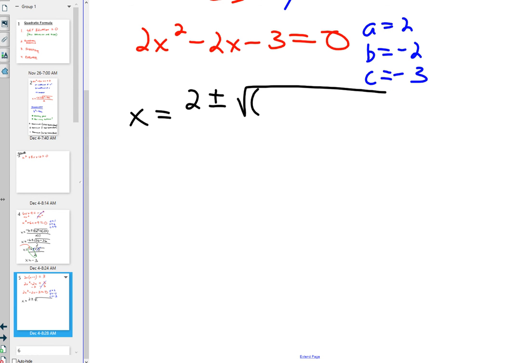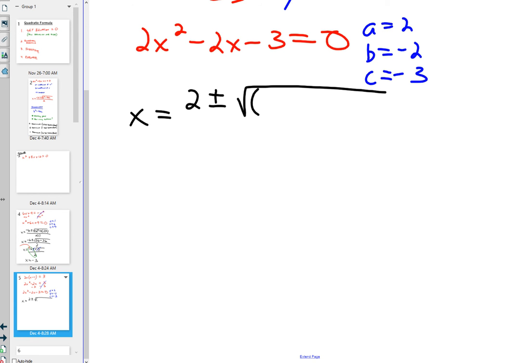So this is the only time it's actually positive. The negative in front of the b tells you to change b's sign. The way I remembered it when I was in Algebra 1 as a student was: first time I write b, change the sign. Second time I write b, keep it the same.